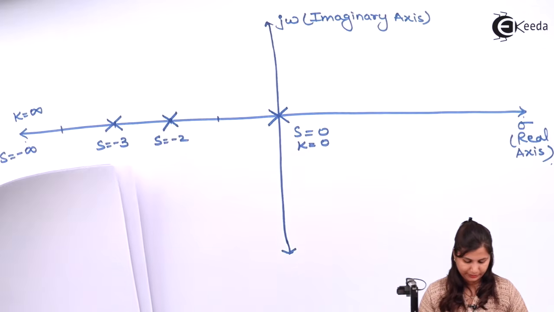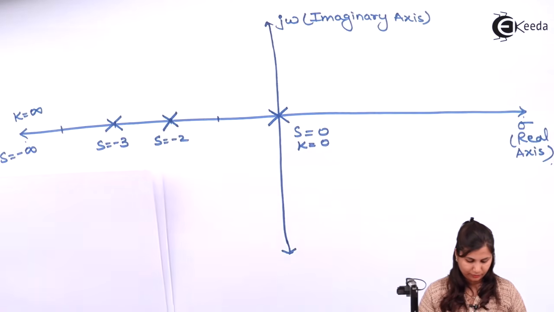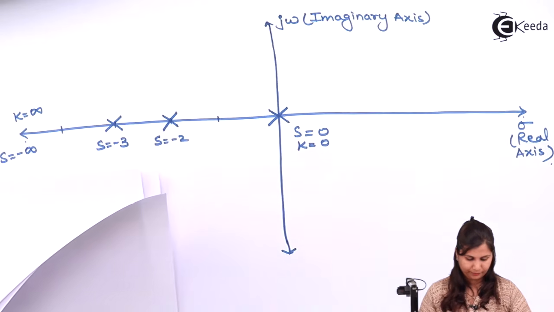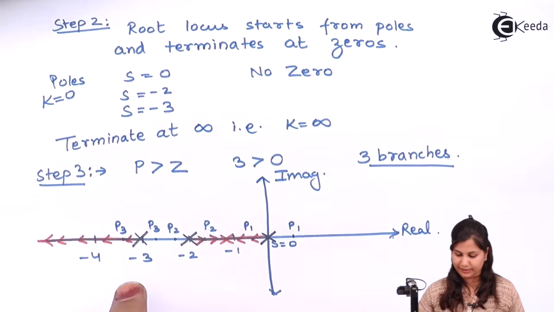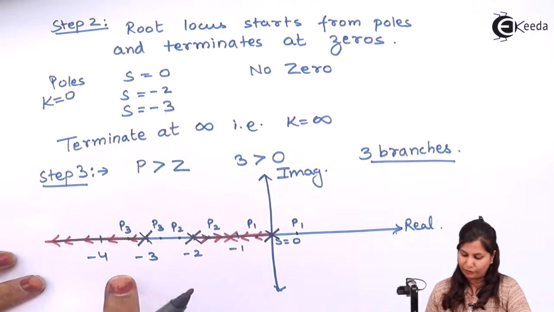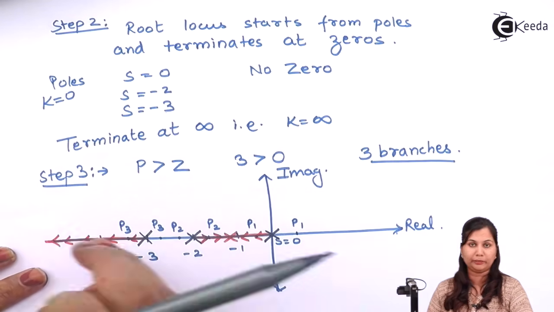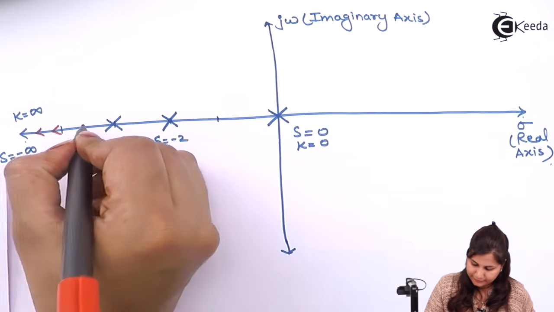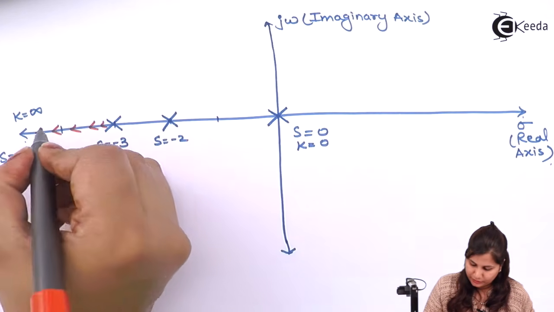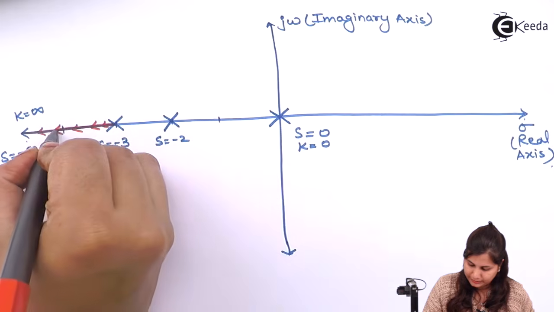Here we have obtained that the direction of the root locus we have obtained already in our step number 3, that for s equals minus 3 it will be towards infinity. So we will plot here again this. Okay, so it will be like this.